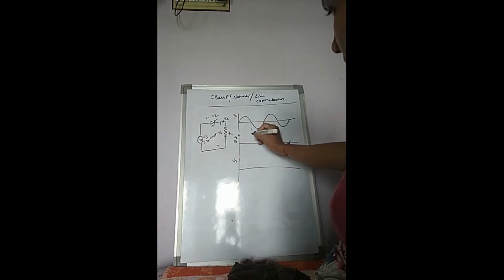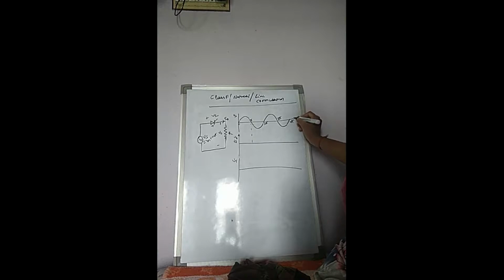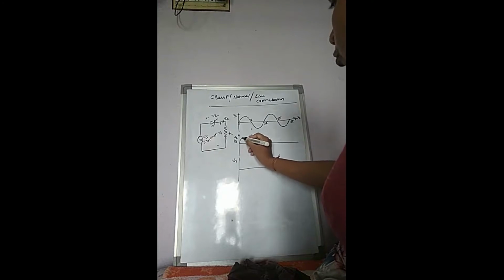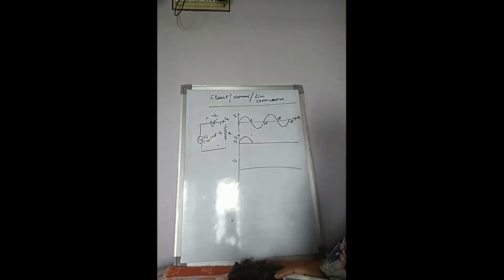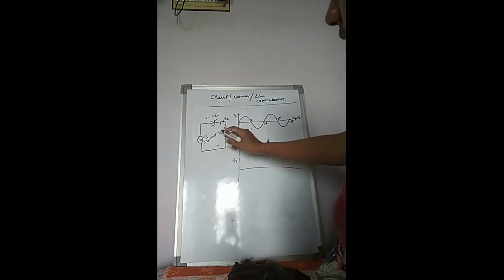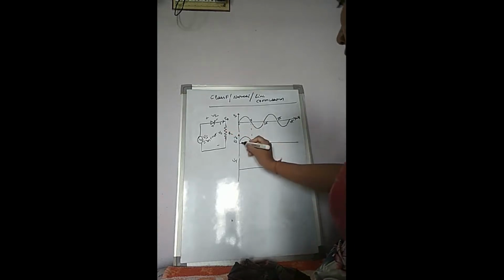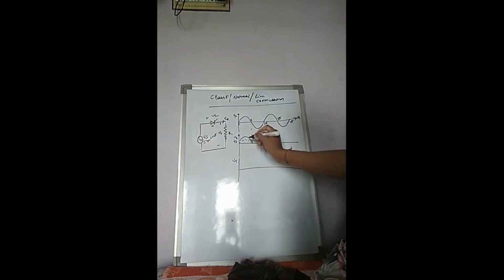So this is 0, pi, 2 pi, 3 pi, 4 pi on the omega t axis. 0 to pi is the positive half cycle. Up to this much, 0 to pi, the thyristor is turned on. That's why the V0 and I0 waveforms are there. This is for V0 and this is for I0.